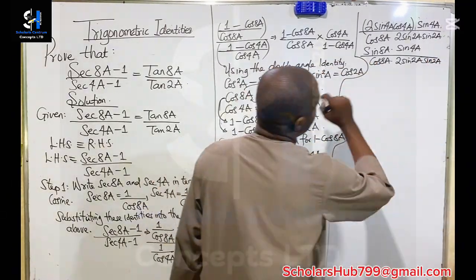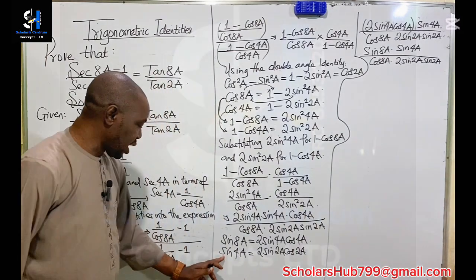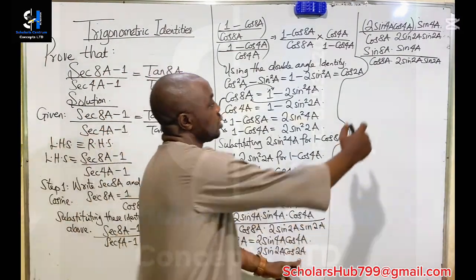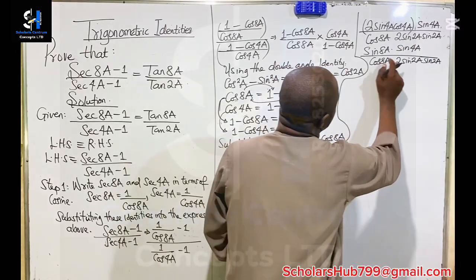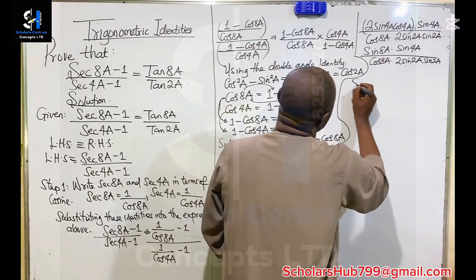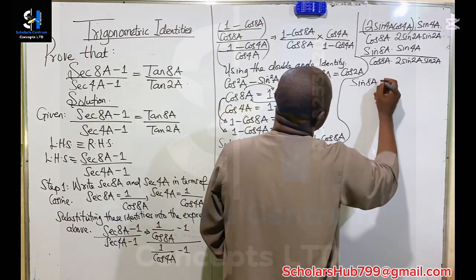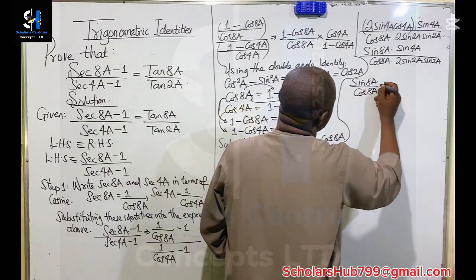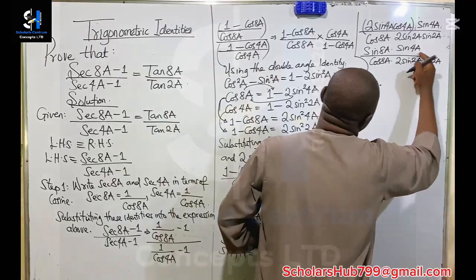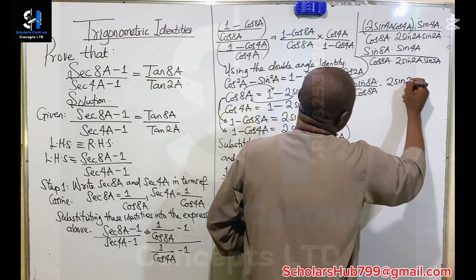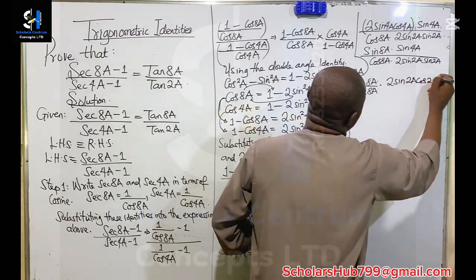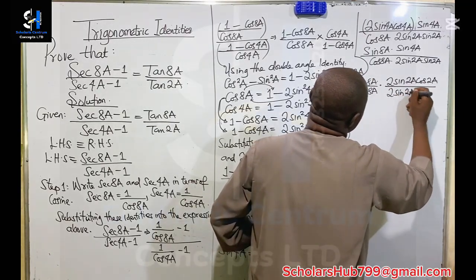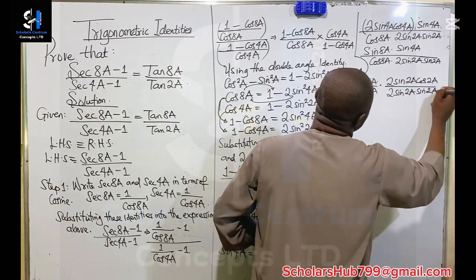All right, so also for sine 4a, that will be 2 sine 2a cos 2a. So let me write the expanded form: sine 8a over cos 8a multiplied by, for sine 4a, 2 sine 2a cos 2a over 2 sine 2a sine 2a.